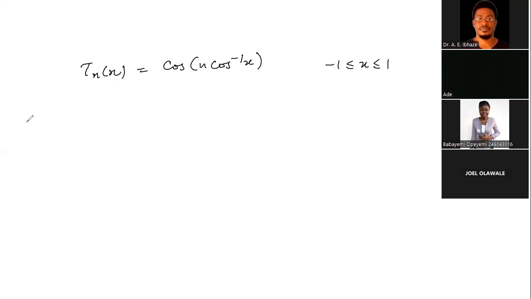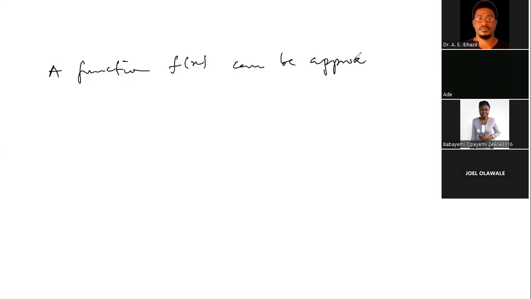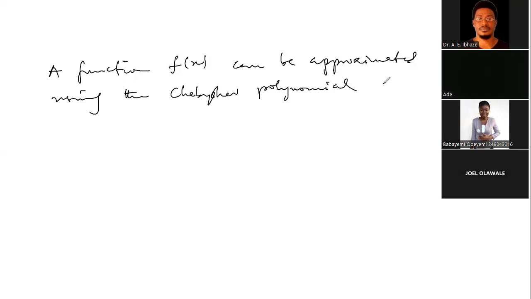Okay, so now how do we describe the function? We can now say that a function f of x, for instance, can be approximated using the Chebyshev polynomial as f of x being approximately the same as the sigma, for which k takes on values from 0 to n, c sub k T sub k of x.